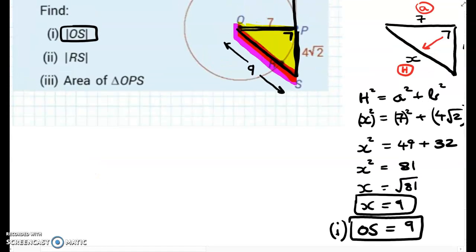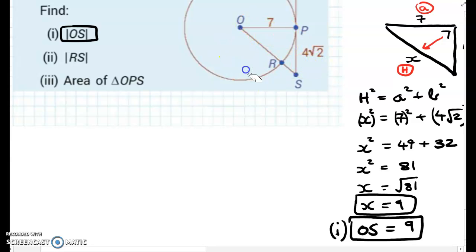RS, if we just rub out all these different colours here. RS is just that little bit there. Now remember, we just found out that all of this was 9, all of it, from O to S. We also realized earlier that this is 7, because it's the same as this. They're both radius. So that leaves that little bit at the end, here.